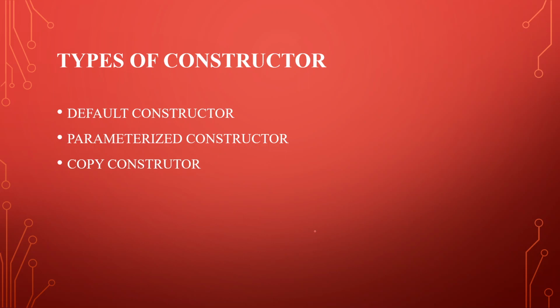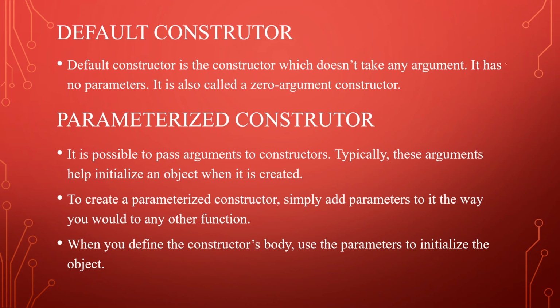There are three types of constructor: default, parameterized constructor and copy constructor. These constructors are divided based on the parameters we are passing inside the constructor. If the constructor doesn't have any argument, then it is called a default constructor. Default constructor is also called a zero argument constructor.